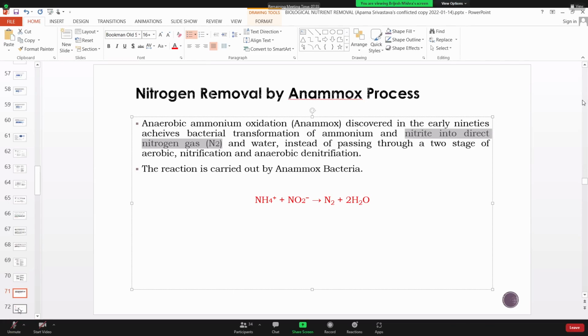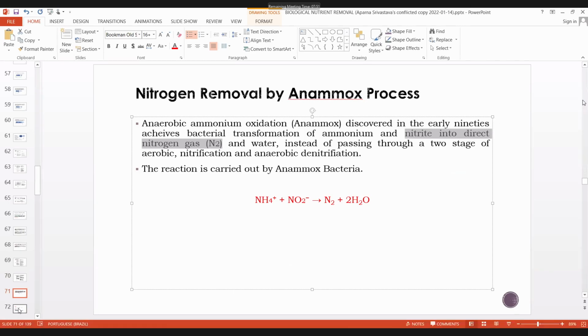But all this NMOX process is still in laboratory scale only. Till now, field implementation is not available. We can say that no industry has adopted it, or no government agency has incorporated this.